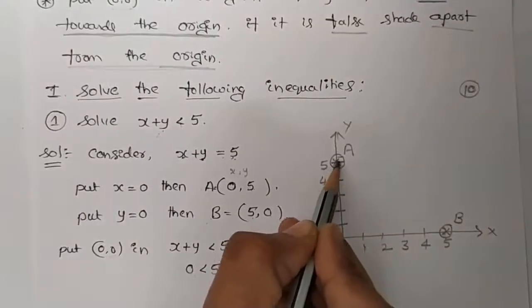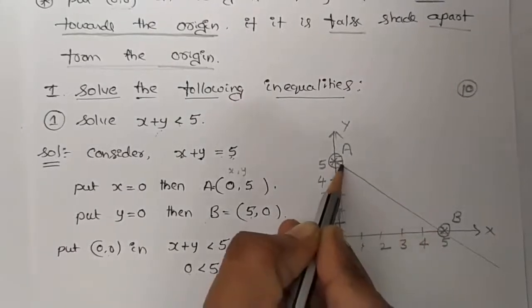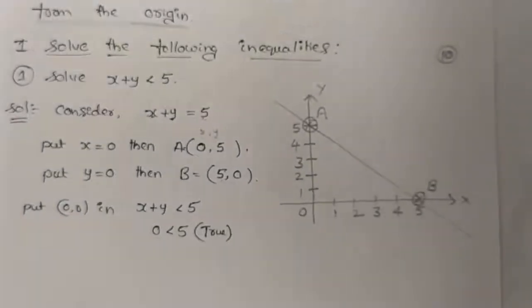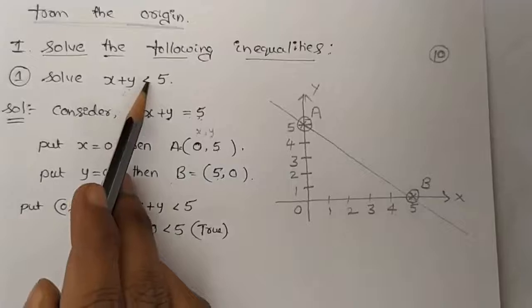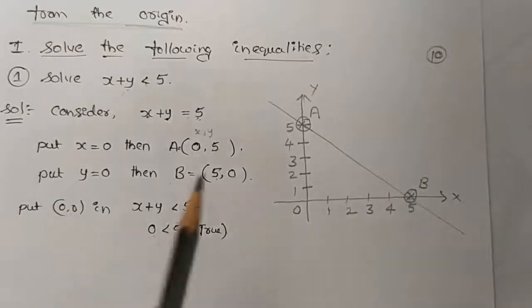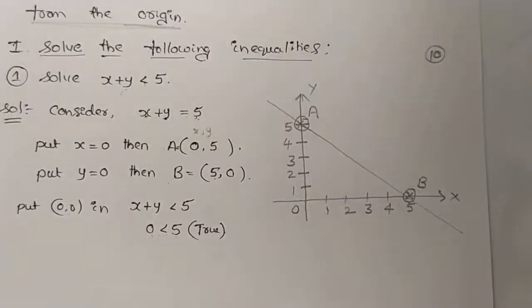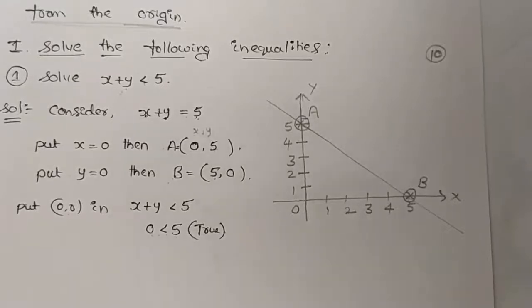Kindly use the scale. Kindly remember this point: if the inequality involves less than or greater than, then we have to draw a dotted line, not a thick line. If the inequality involves less than or equal or greater than or equal, then we have to draw a thick line.